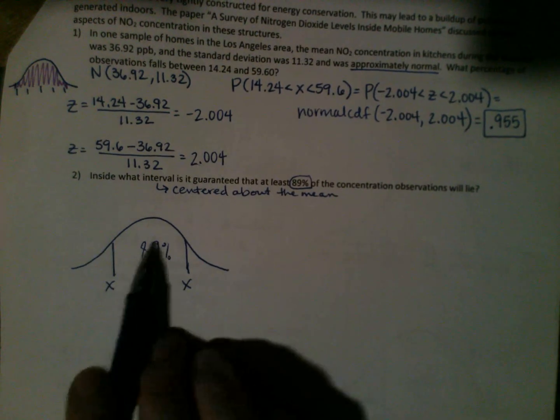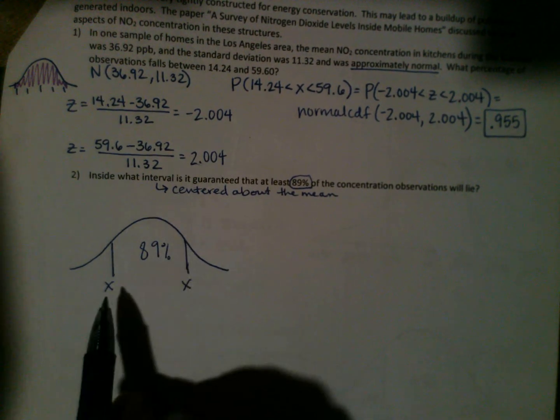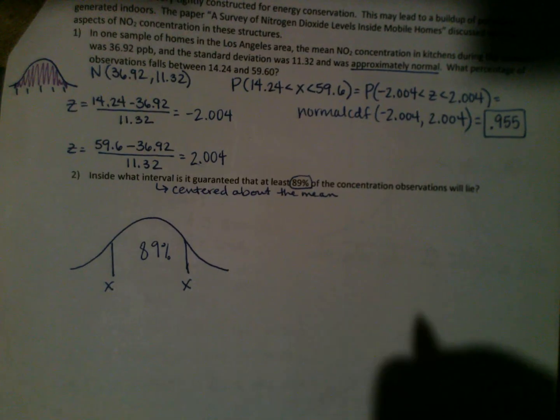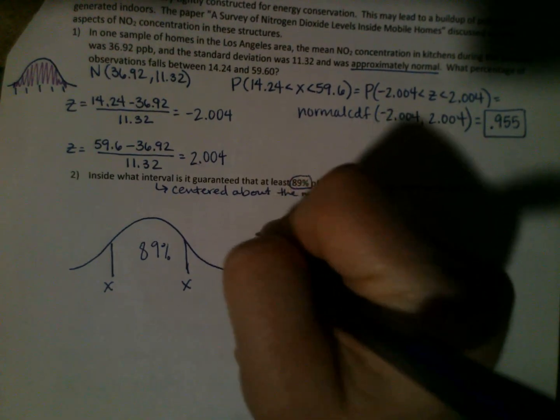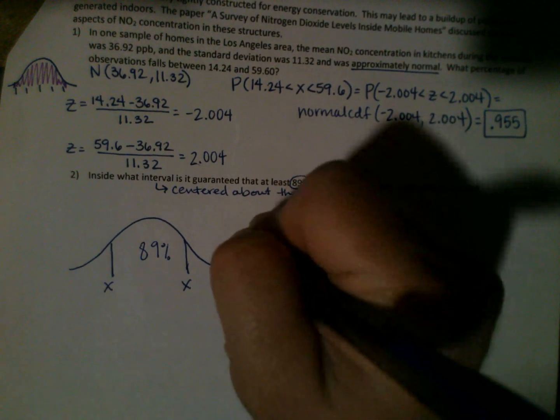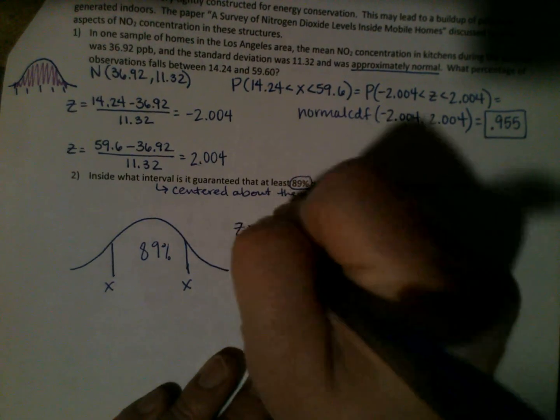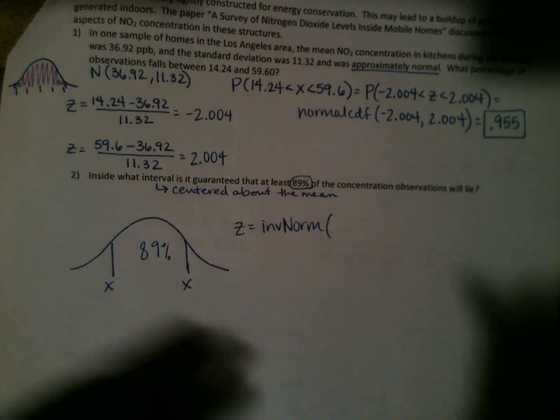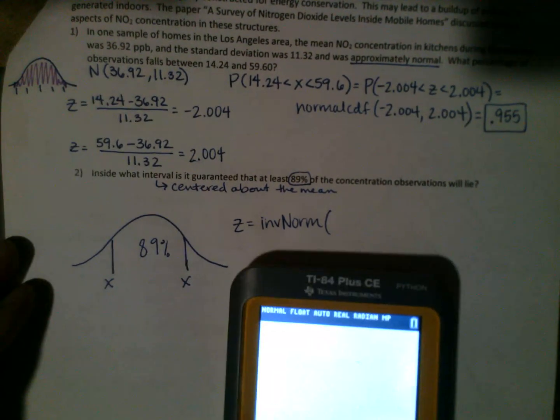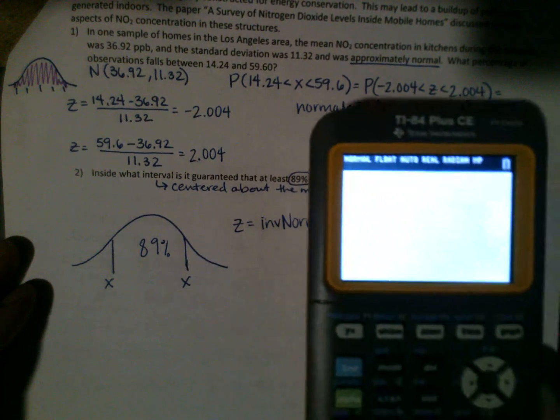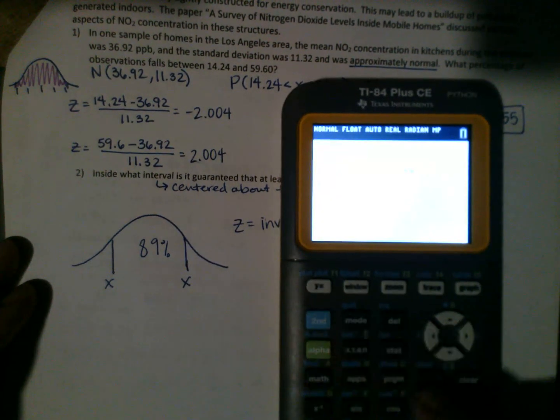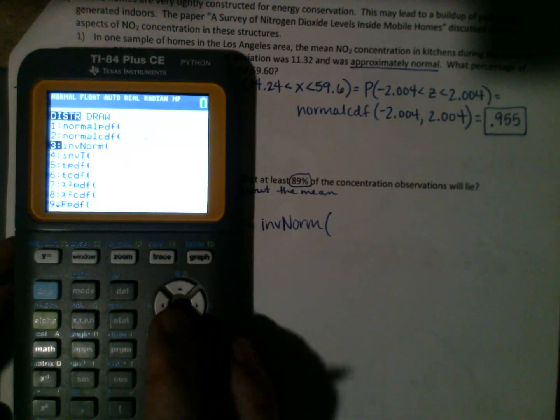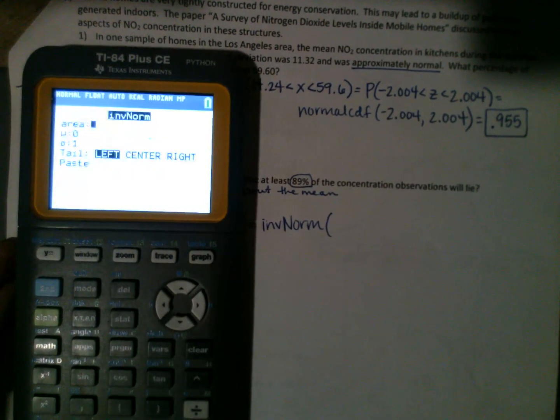So remember, when we have a percent and we're working backwards to an x value, we're using the backwards normal distribution feature in our calculator, which is called inverse norm. So when I go to inverse norm, I'm going to go to second bars, which is the distribution menu. I'm going to choose inverse norm, which is the third one.